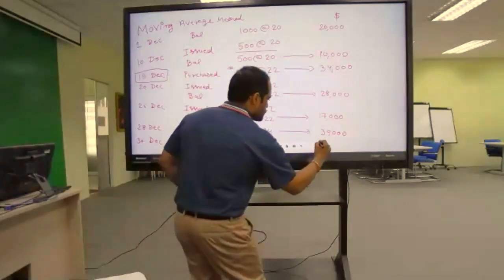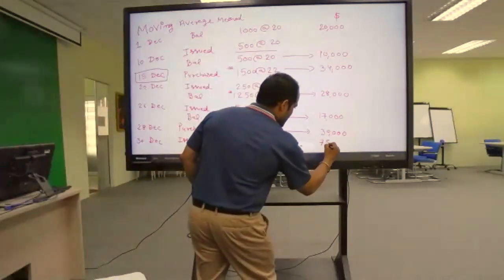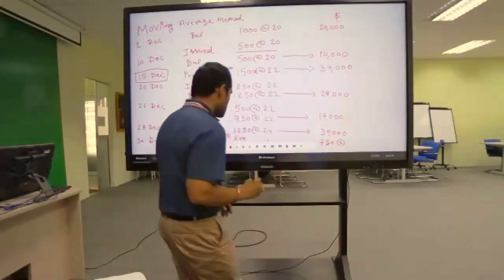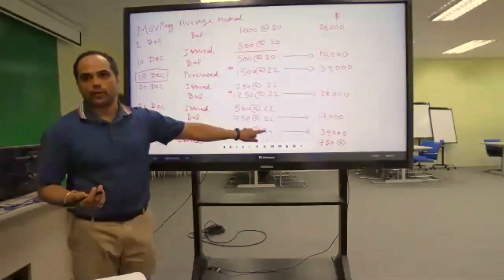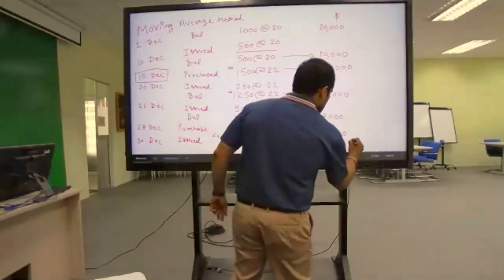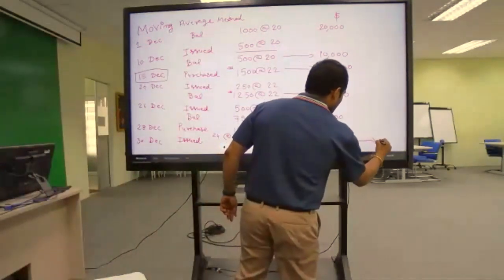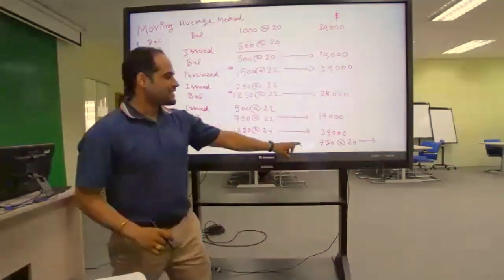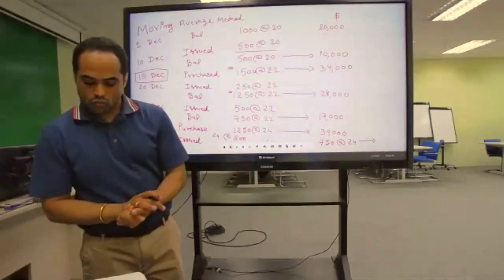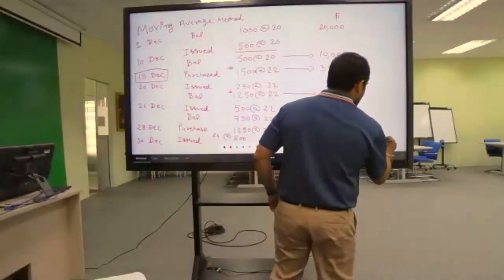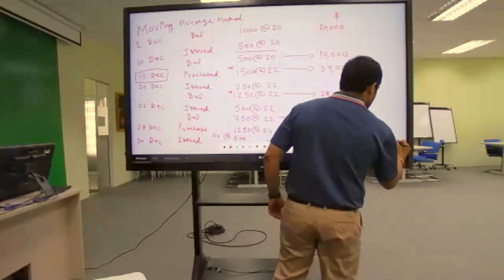So 750 at 24. The price will be 24. Which means the balance is 750 at 24, which will be 18,000.